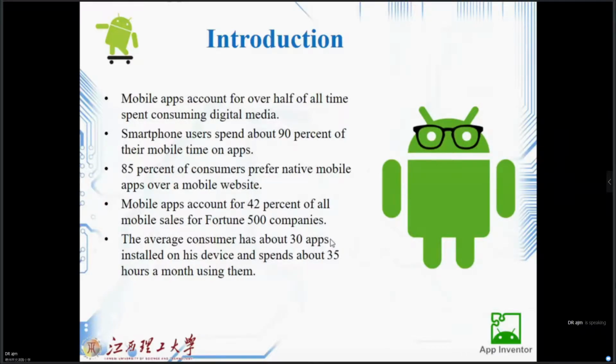And 80% of consumers prefer native mobile apps over the mobile website. Mobile apps account for 42% of all mobile sales for Fortune 500 companies. As you will see, this is a big amount. And the average consumer has about 30 apps installed on his device and spends about 35 hours a month using them.